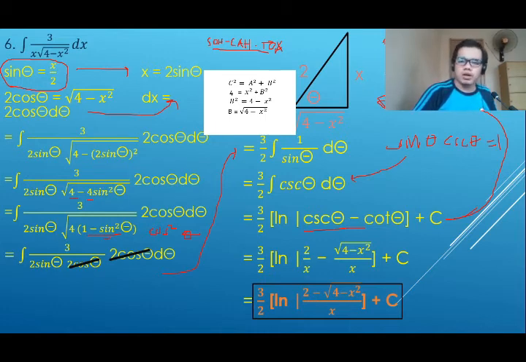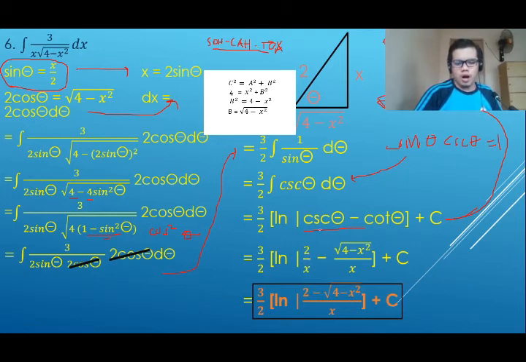Now to get b squared, this becomes b squared equals 4 minus x squared. To get b, b equals the square root of 4 minus x squared. Now this is your adjacent value. Using this, you can now substitute here.